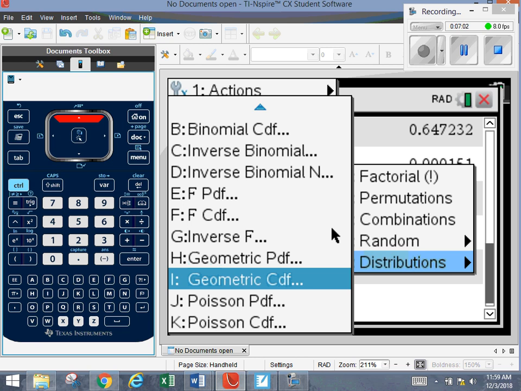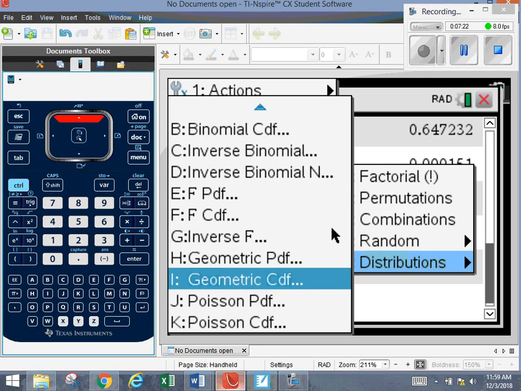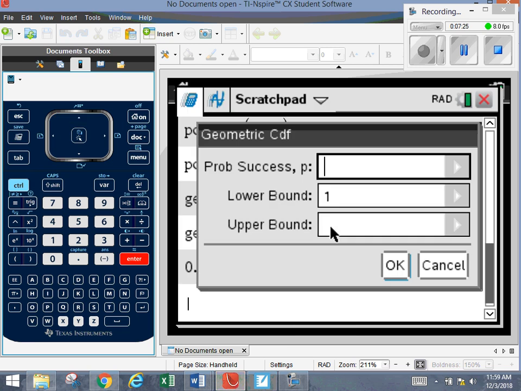And we're going to use this for a situation where it says before a certain attempt, right? Probability of success is 0.74. My lower bound is 1 because it can't be 0, right? And then my upper bound is 2.